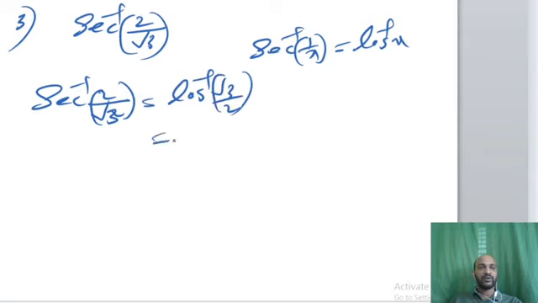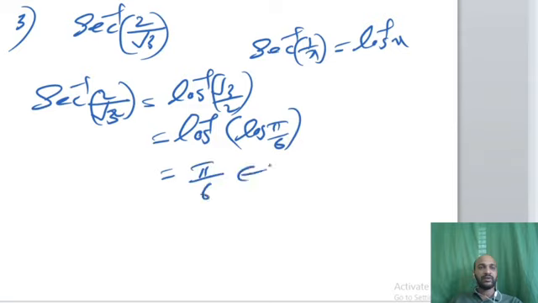Now you have to express this in terms of cos. Cos 30 is root 3 by 2, so cos pi by 6. Now, cos inverse of cos pi by 6 equals pi by 6, because pi by 6 clearly belongs to the interval 0 to pi. So the principal value of sec inverse of 2 by root 3 is pi by 6.